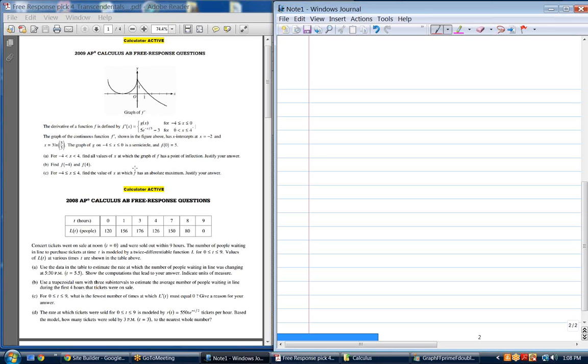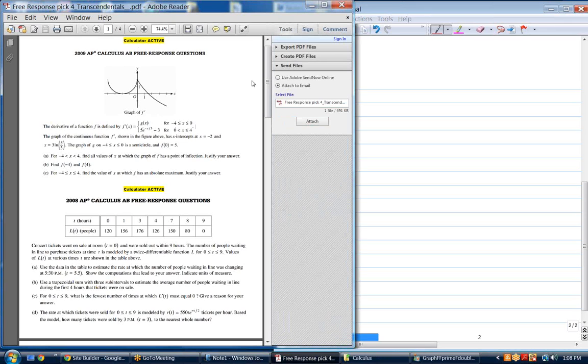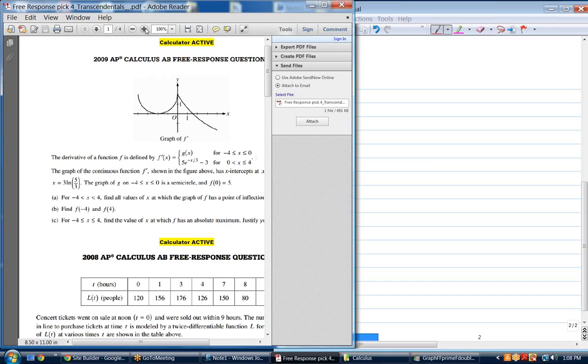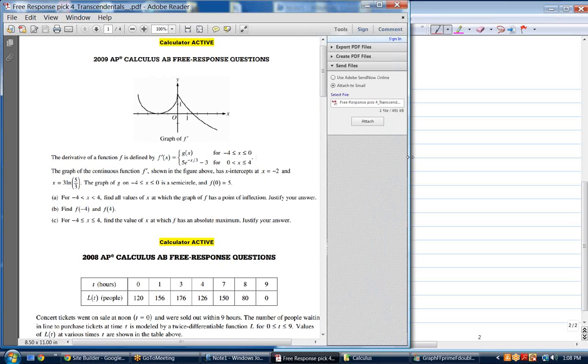Hold on a moment. I forgot we're dealing with a tricky problem here that doesn't tell you what the first function is. Let me look at this for a second. It's a semicircle with f of 0 equal to 5.